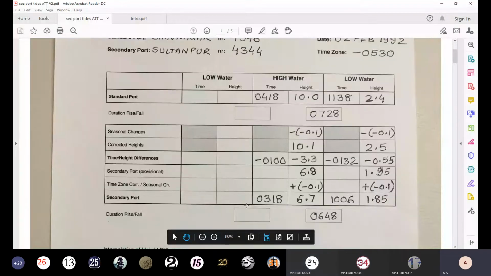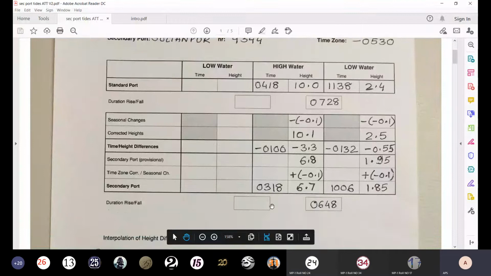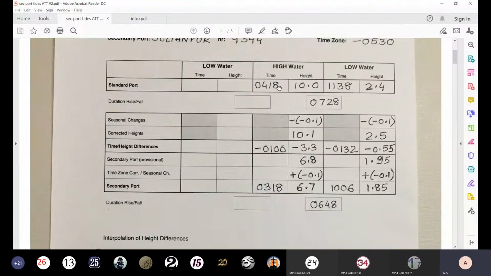Okay, here you can write on this side, because between low water and high water you can write here. Between high water and low water you can write here. Because we are starting with 418 high water, then 1138 is low water, so you can write in this box on the right side.